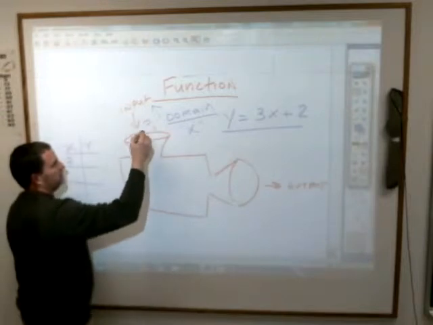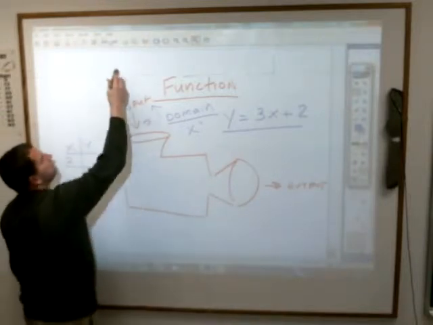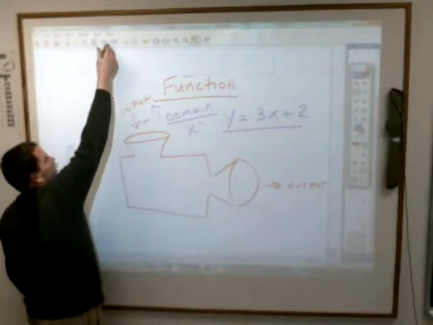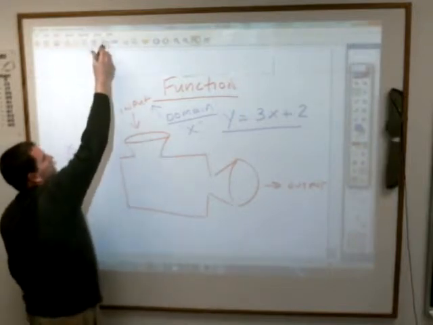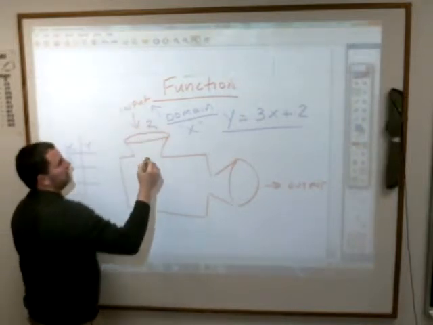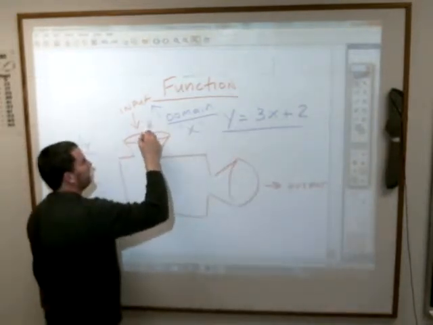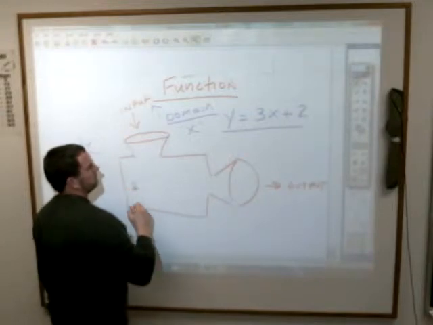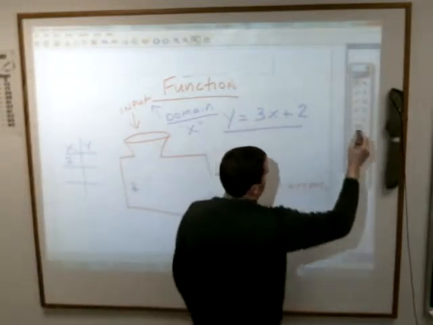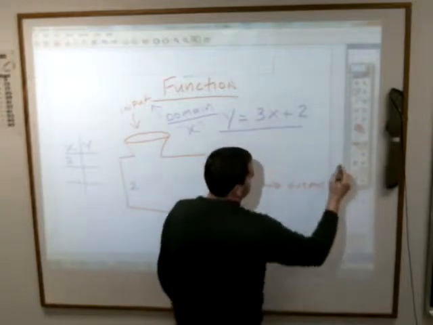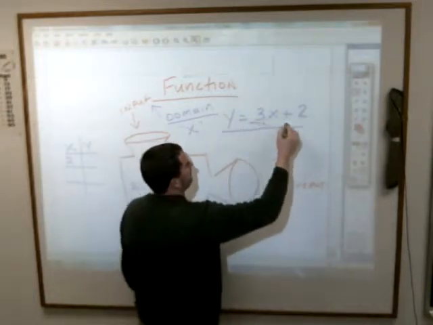You stick the number 2 inside your little function machine, and inside the little function machine it goes through this little process here.